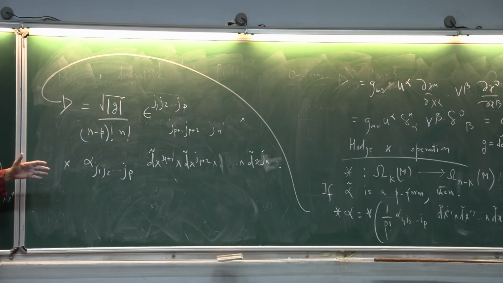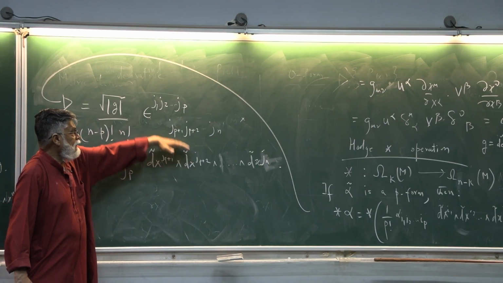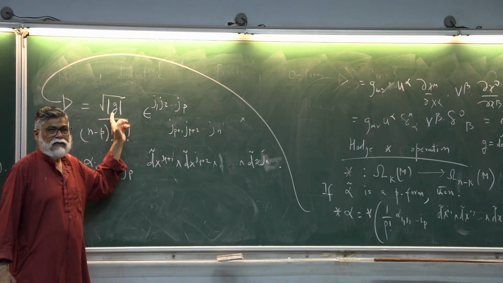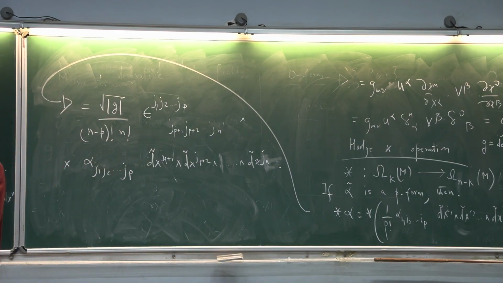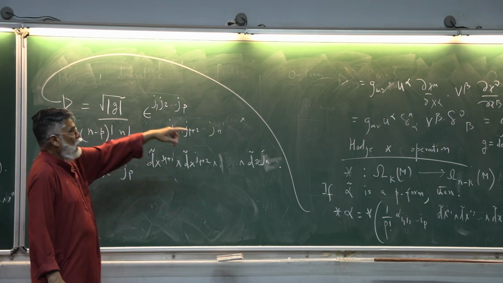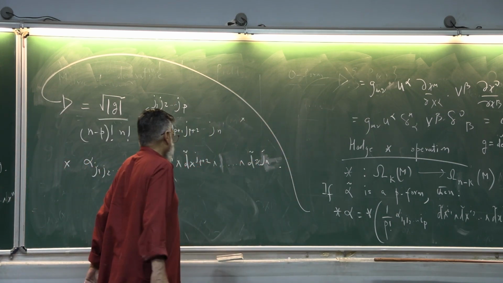By the way, this lowering and raising of indices has been done using the metric tensor. We will do that because once we start talking about our four-dimensional space-time and general relativity, we will be doing that operation very often using the metric tensor. That's the reason why the metric is required, as to how to go from the standard definition to this.